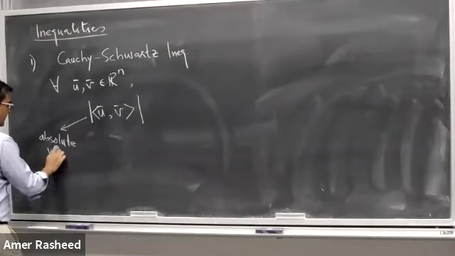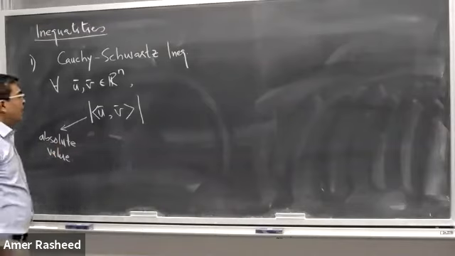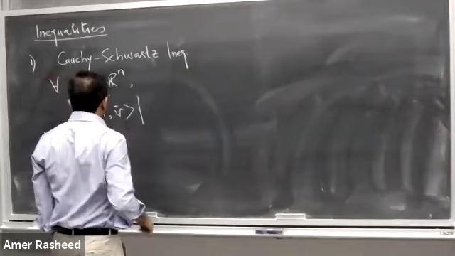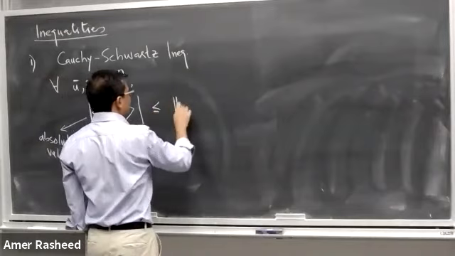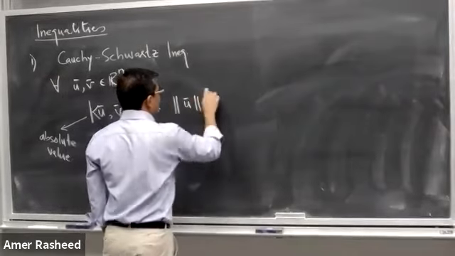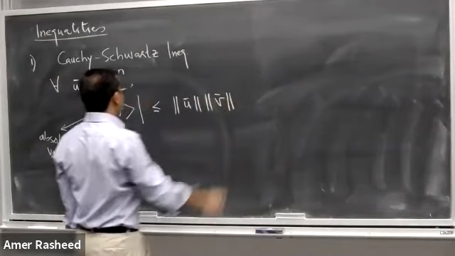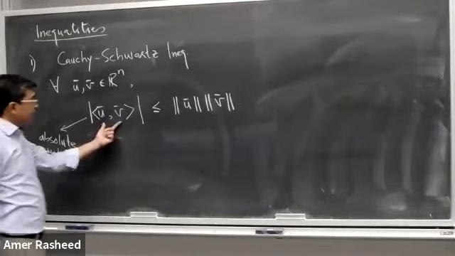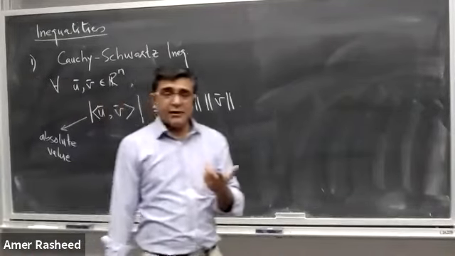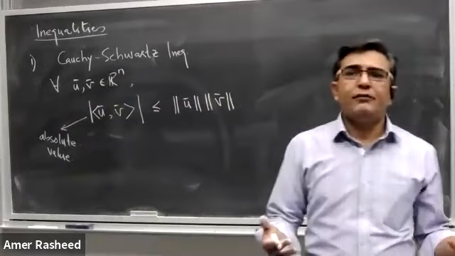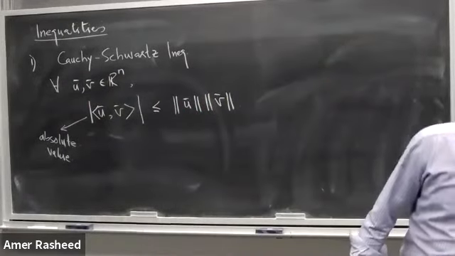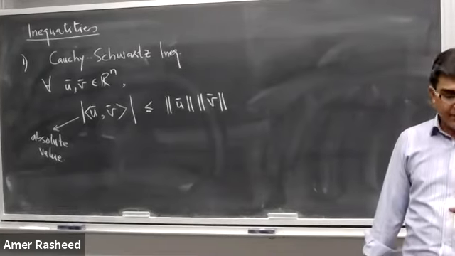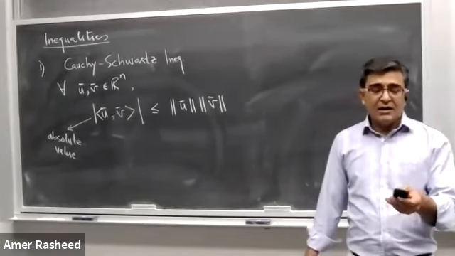The absolute value of the inner product of u and v is always less than or equal to the norm of u times the norm of v. This is what the Cauchy-Schwarz inequality tells us. Because the inner product is a single real number. When you take the dot product of two vectors, we get a single real number. Remember this.